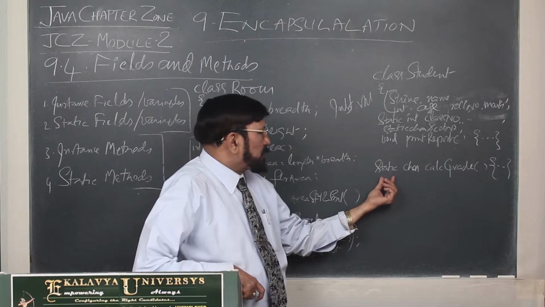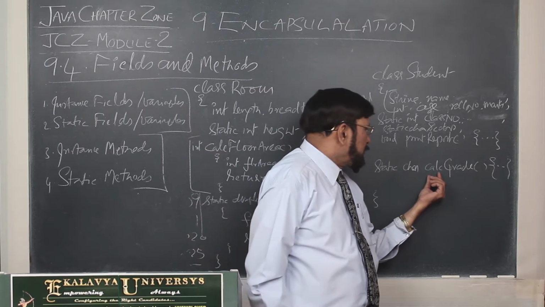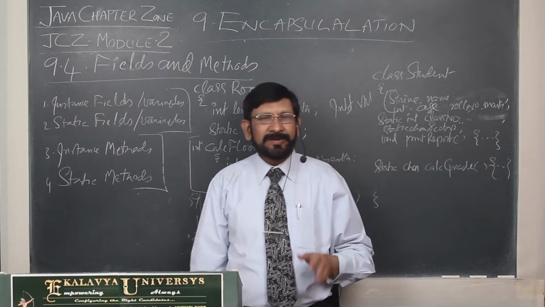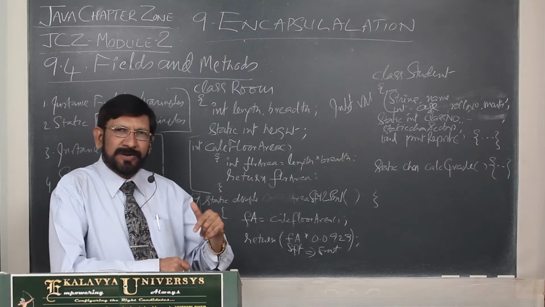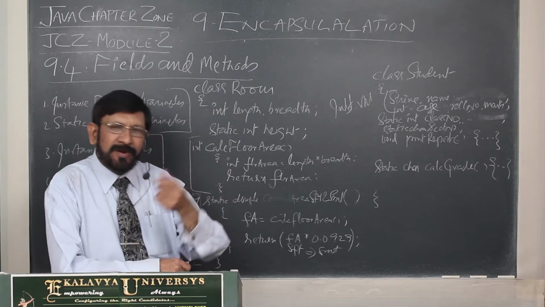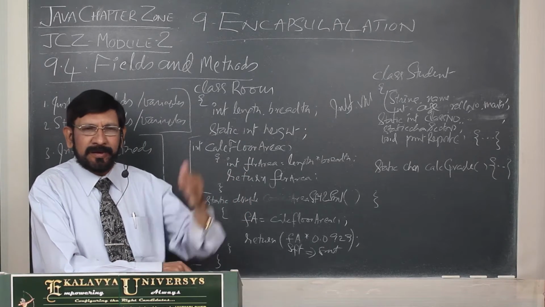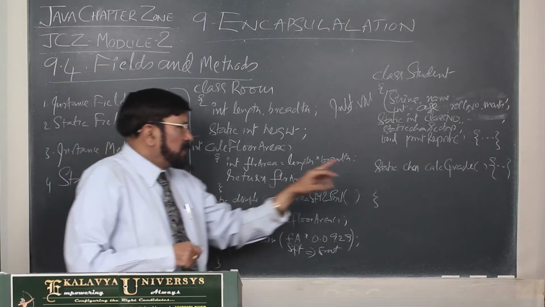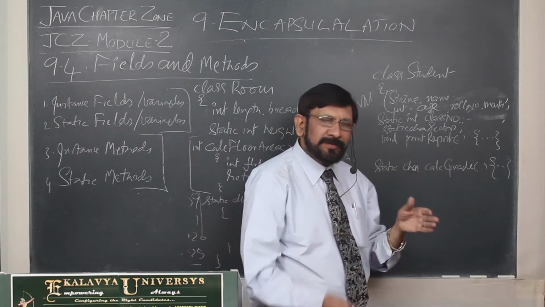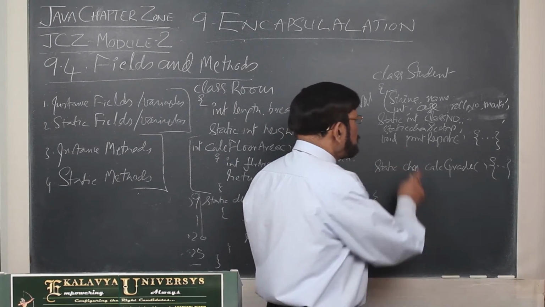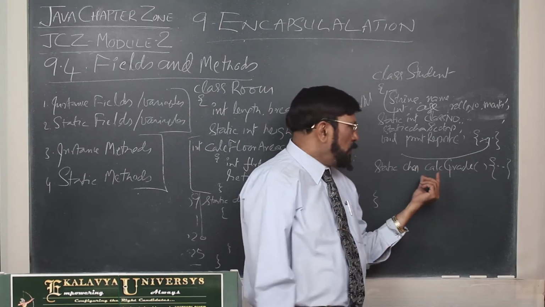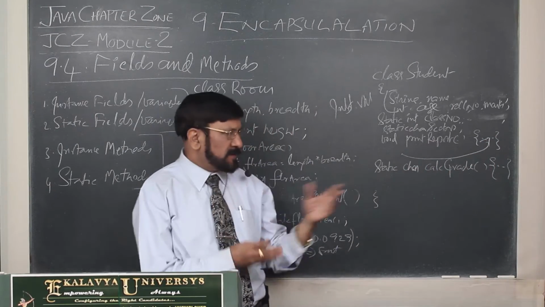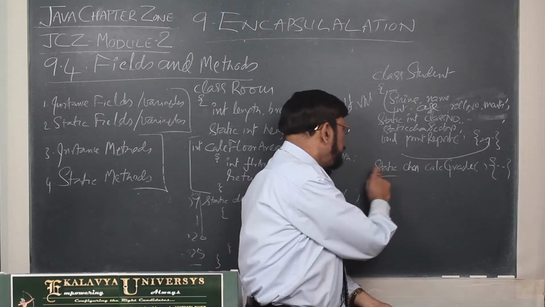Actually here, char static calculate grade is a utility service for every student. For all students you have to calculate grade depending on their percentage of marks. You made it a utility service which is used in this method, so you declared it static.